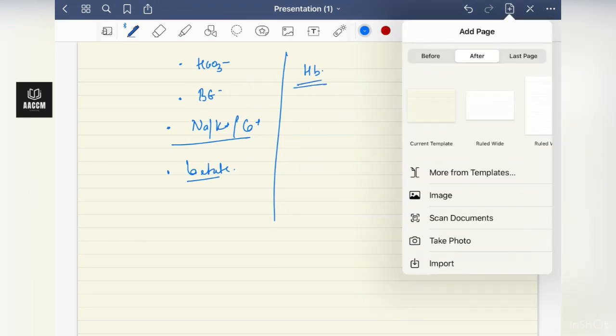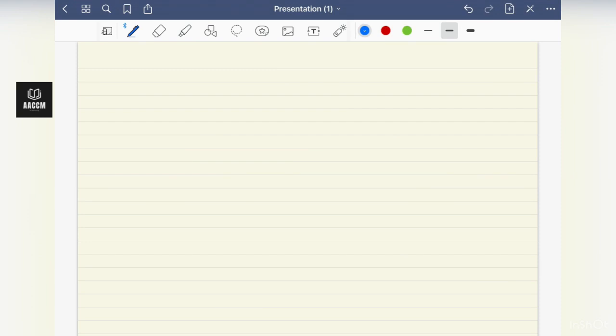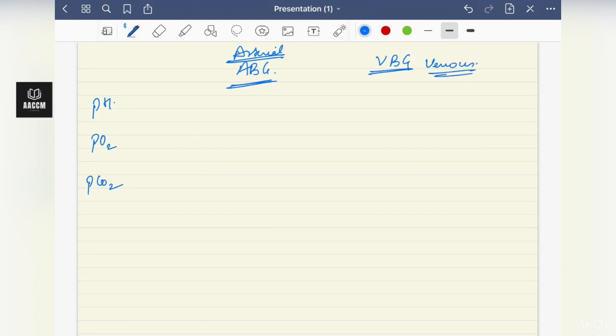So coming again to what are the normal values of an ABG, again we have to see whether it's an ABG or a VBG. Let me just erase it here. What are the normal values of all these things? ABG is an arterial sample, VBG is a venous sample.